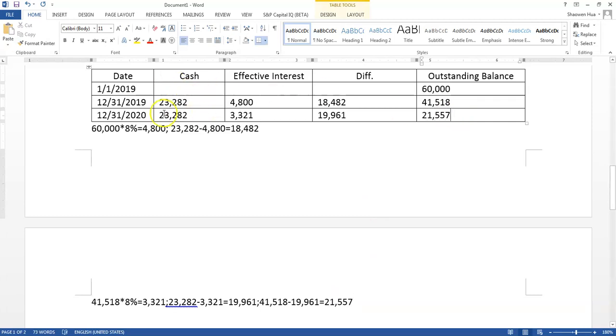And you can continue this table until the end of the note, but I will pause here. The reason we put the calculation into an amortization table is to help me journalize the transaction. So let's journalize the issuance of the note.